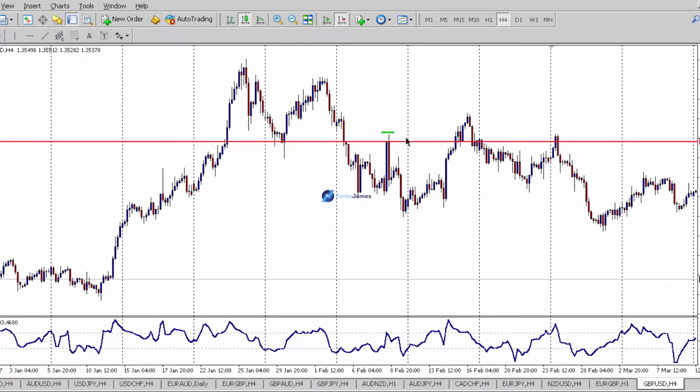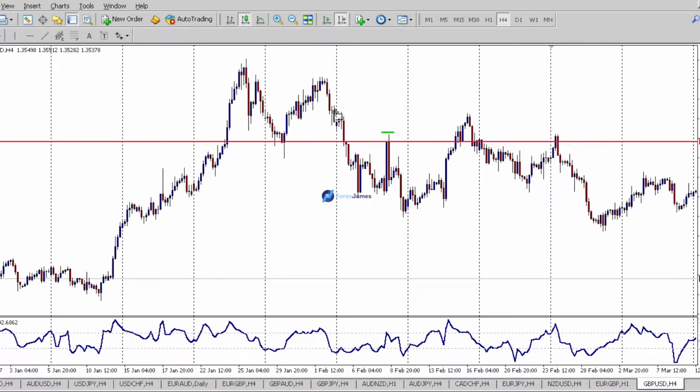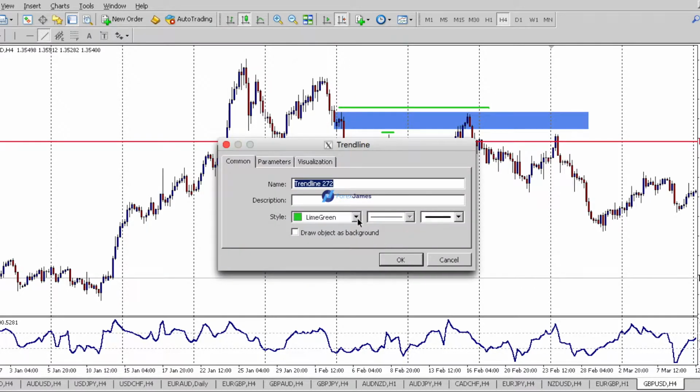In this case, I want you to pay attention to this level here. This is a strong supply level, just slightly above this PRZ. Had you seen this level, it would be safer to place a stop loss here.